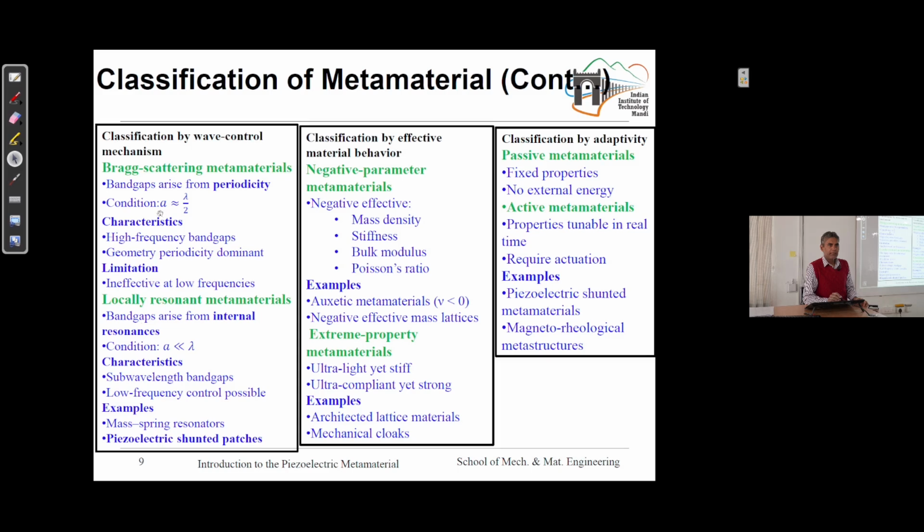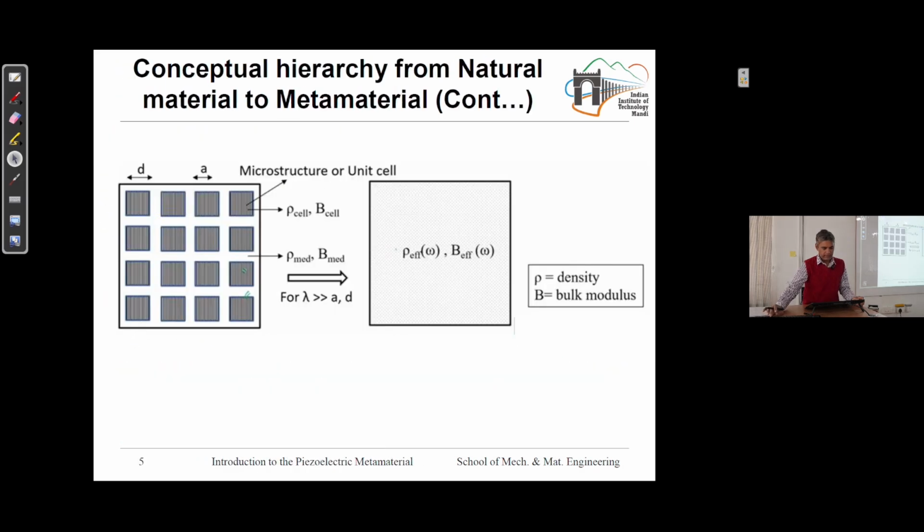Here D is the lattice size, the distance between two meta units or meta atoms, and a is the size of one meta atom.